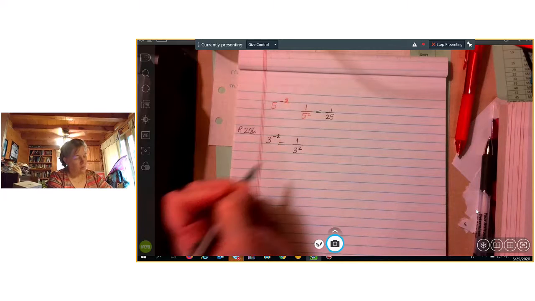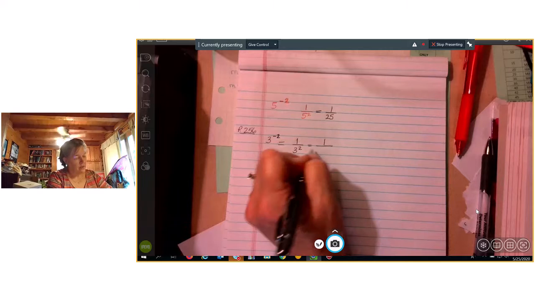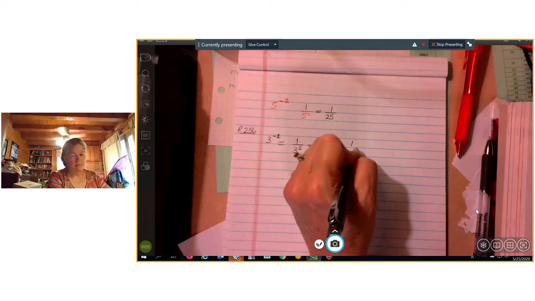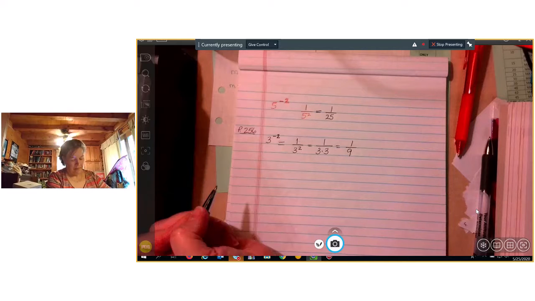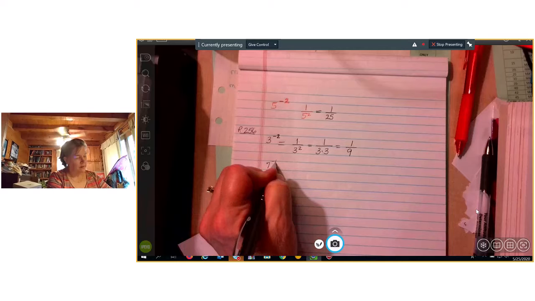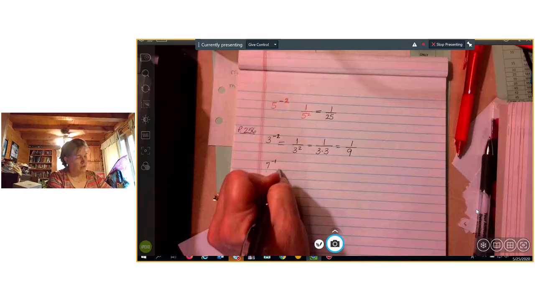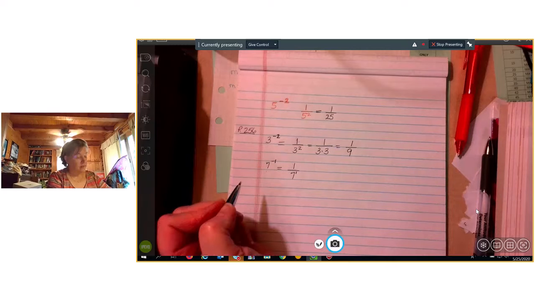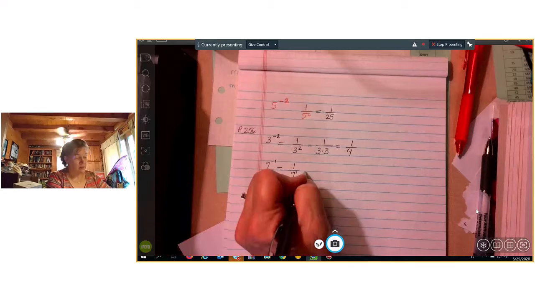And that's going to equal 1 over 3 times 3, which is 1 over 9. Same thing goes as 7 to the negative 1, which is 1 over 7 to the first. And we know that 7 to the first power is going to equal 7, so it's 1 over 7.